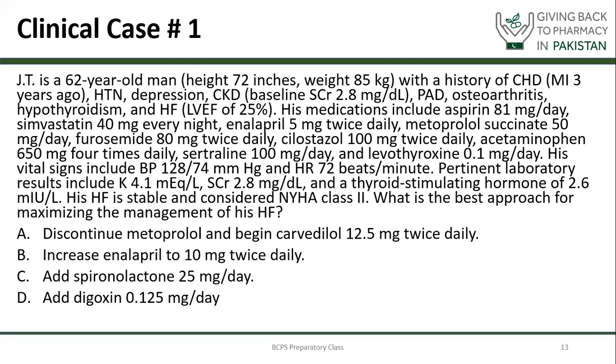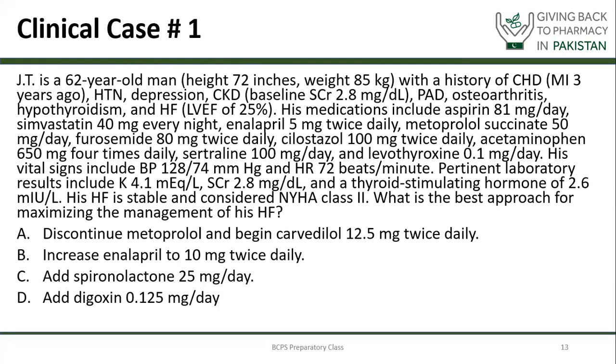So we'll start with this. JT is a 62-year-old man, height 72 inches, weight 85 kg, with history of coronary heart disease, MI 3 years ago. It means that his heart ventricle walls are already weak because there is already MI.